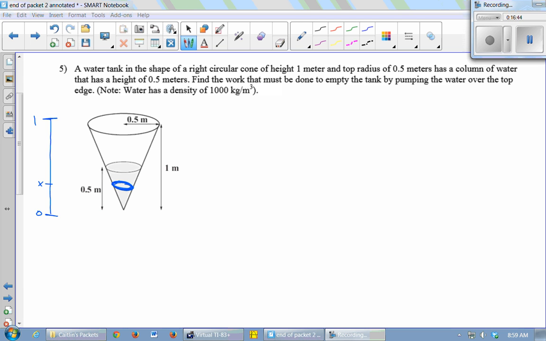That slice is going to look like a circle, and it has a little bit of thickness. And what variable should that thickness have? Delta x, yep. And then I need to know the radius of that slice if I want to know the volume of the slice. So we'll call that r, which is what I need to know.